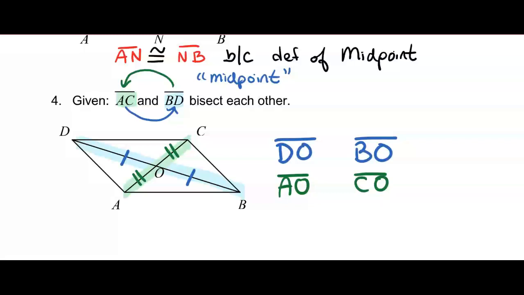And we want those matching segments to be side by side, not on top of each other. Side by side, because we're going to set them congruent to each other. Okay, side by side. So I mark each set congruent. I list them side by side.